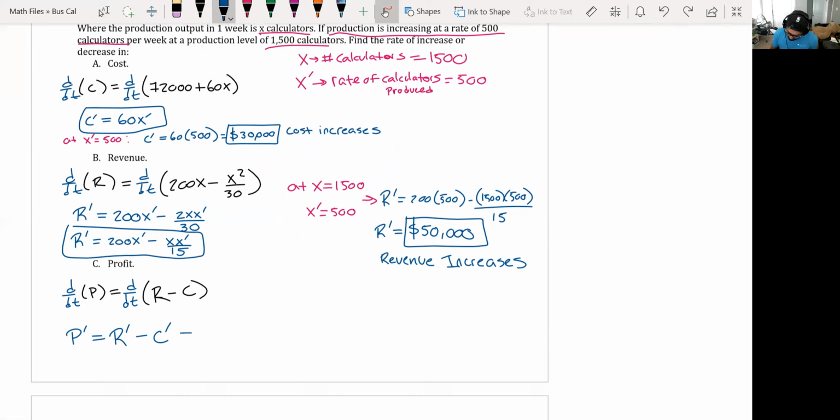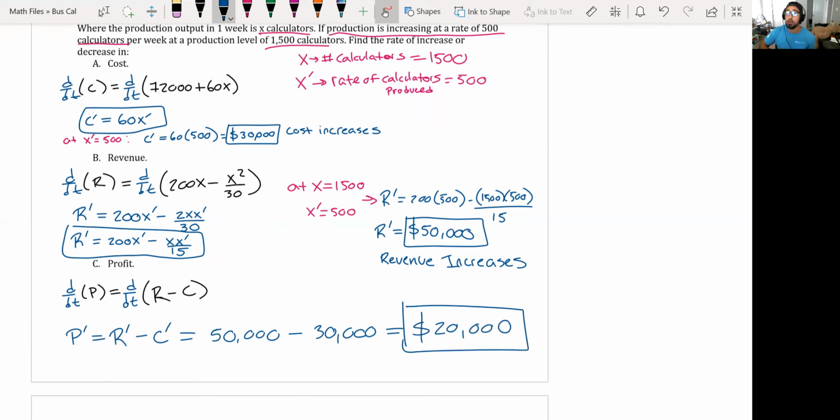So this becomes 50,000 minus 30,000, which gives us 20,000. That's it. All right, and that's where we got those numbers from. We already found revenue, we already found cost. It's a nice little shortcut.